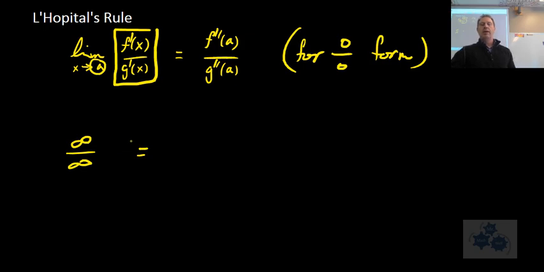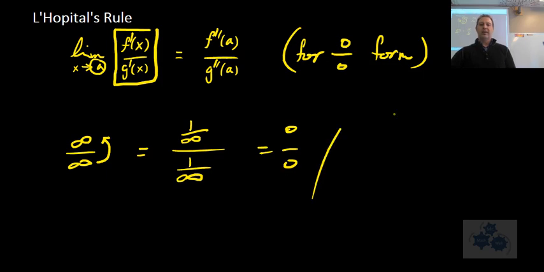And if you took this one and moved it up here and made it 1 over infinity, that would equal 0. So something 1 over something very large, that's this one down here, and then something 1 over very large, then you would get 0 over 0.